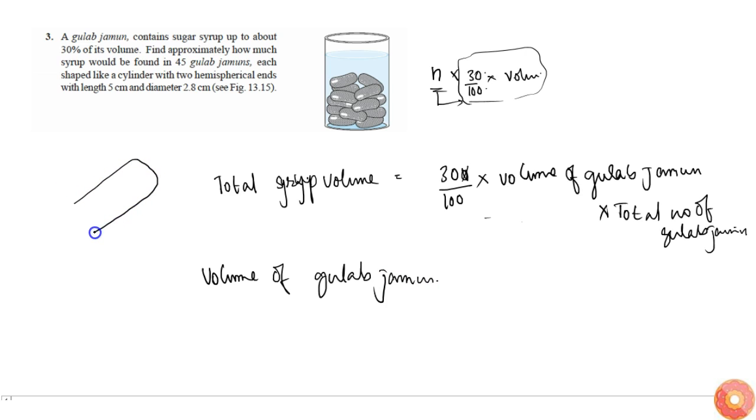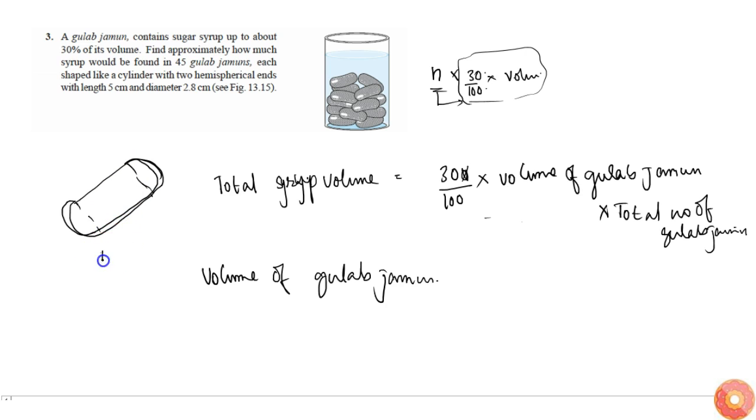So the volume of gulab jamun will be, here it's given, each gulab jamun is something like a cylinder with hemispherical ends. So till here it's cylinder, then the ends are hemispherical, and given that this hemispherical end with length is 5 centimeters.